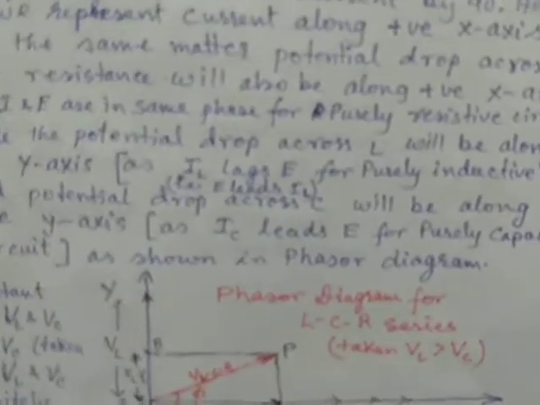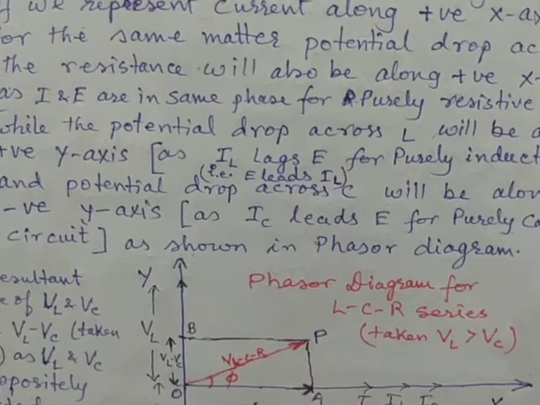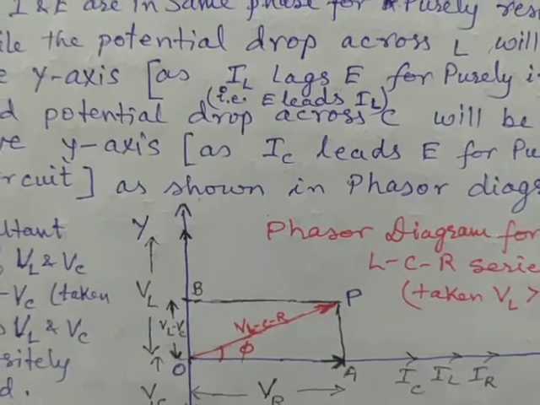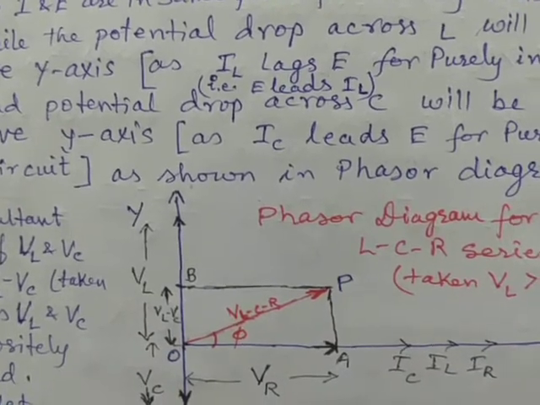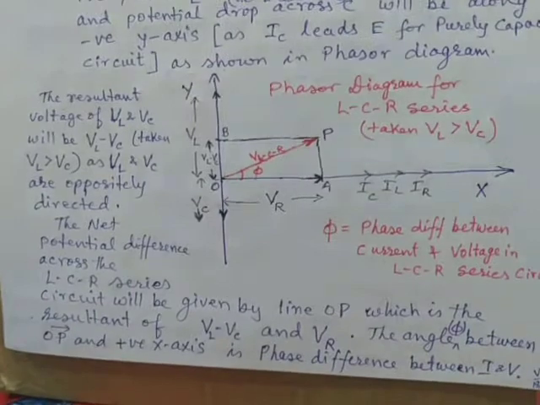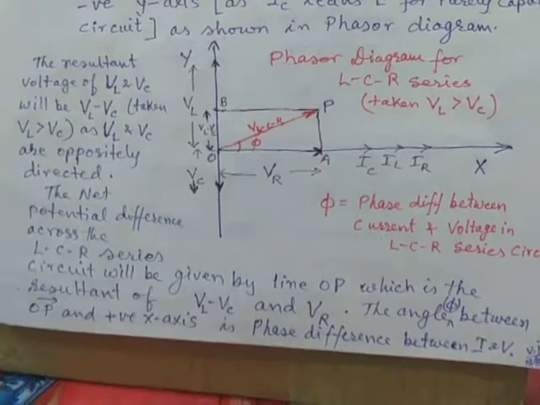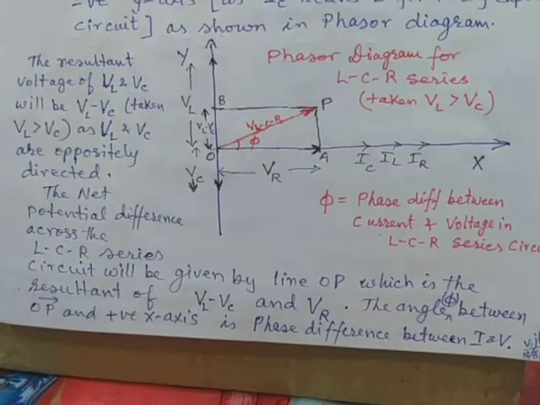We already know, and according to that we see that the voltage across the inductive circuit is leading the current passing through it, and voltage across the capacitive circuit is lagging behind the current, and the same current flows through the inductance, capacitance and the resistance.